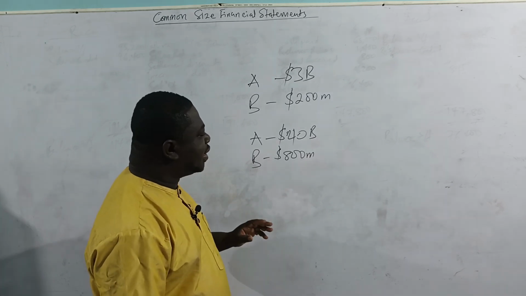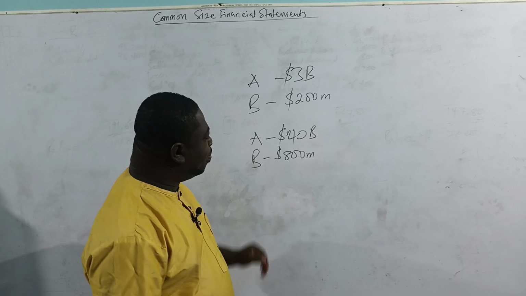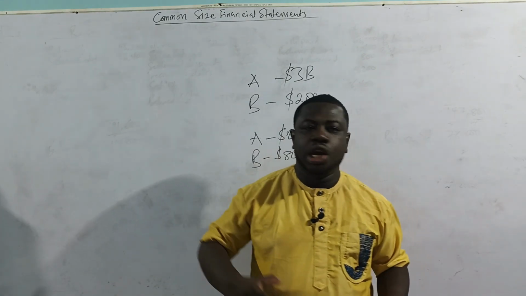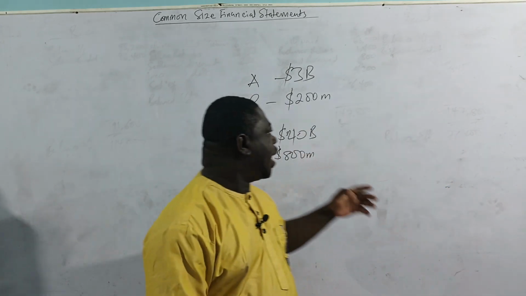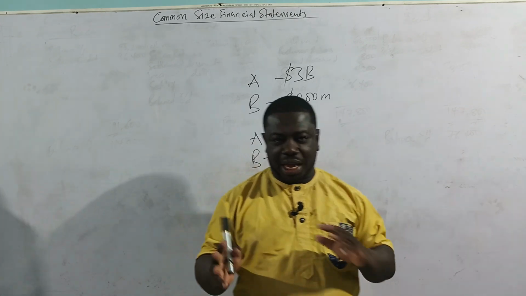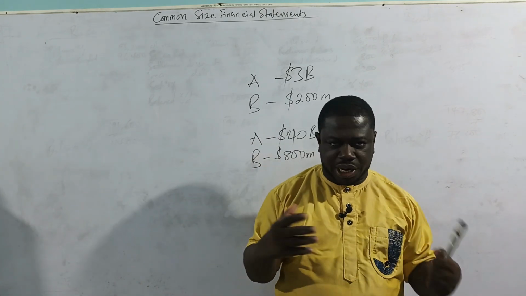So obviously you can see that company A is a bigger company relatively compared to company B. These two companies may be in the same industry, one producing and selling more at economies of scale, and the other producing at a small capacity. Regardless, so far as they are in the same industry, there should be a way of comparing their performance.